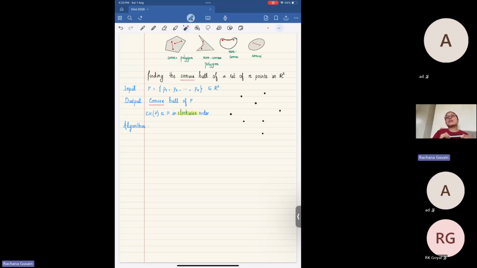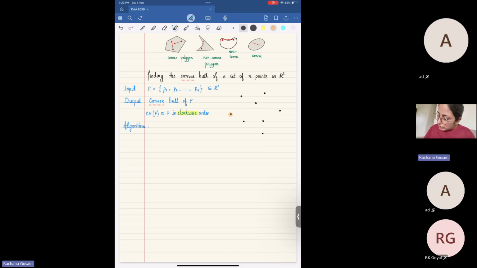Okay, what can we say about the point which has the minimum x coordinate? Will that be a vertex of the convex hull or not? Yes, it should be, right? So here, for example, in this set, this point has the minimum x coordinate. I'm going to call that the leftmost point.